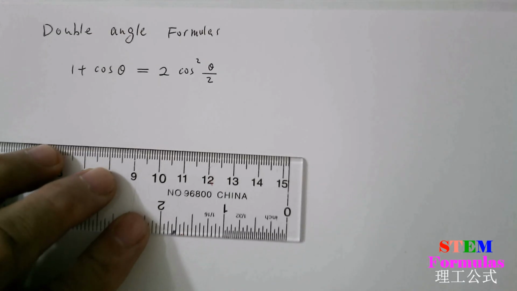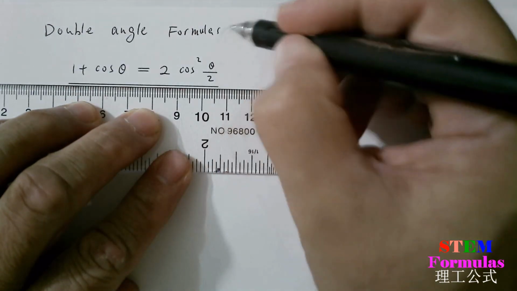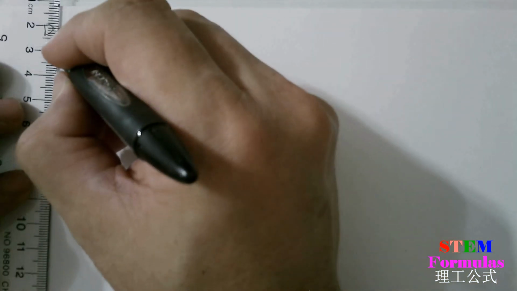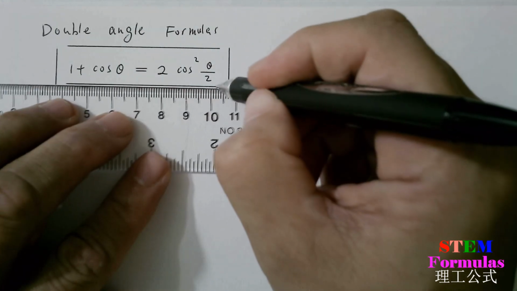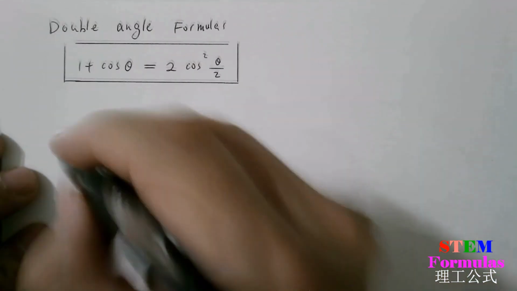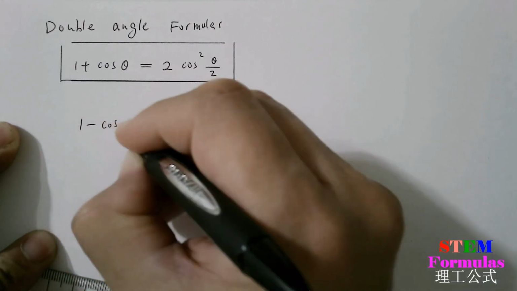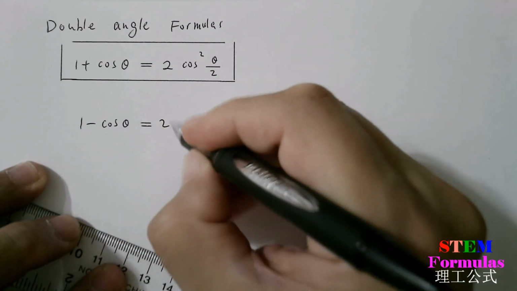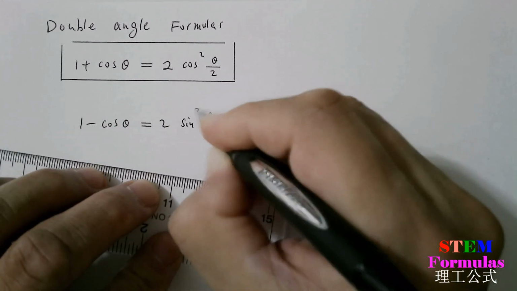This is one formula, and another formula I memorize in this way: 1 minus cosine equals 2 times sine half square.